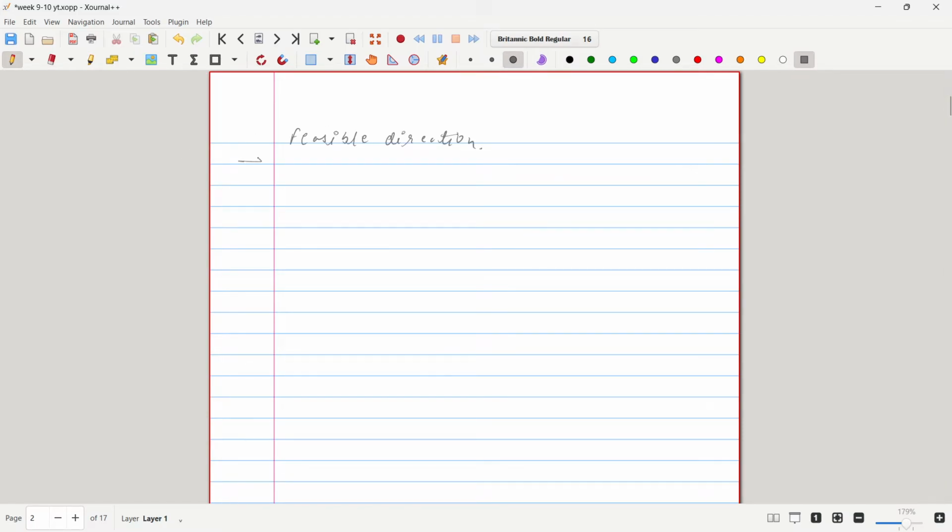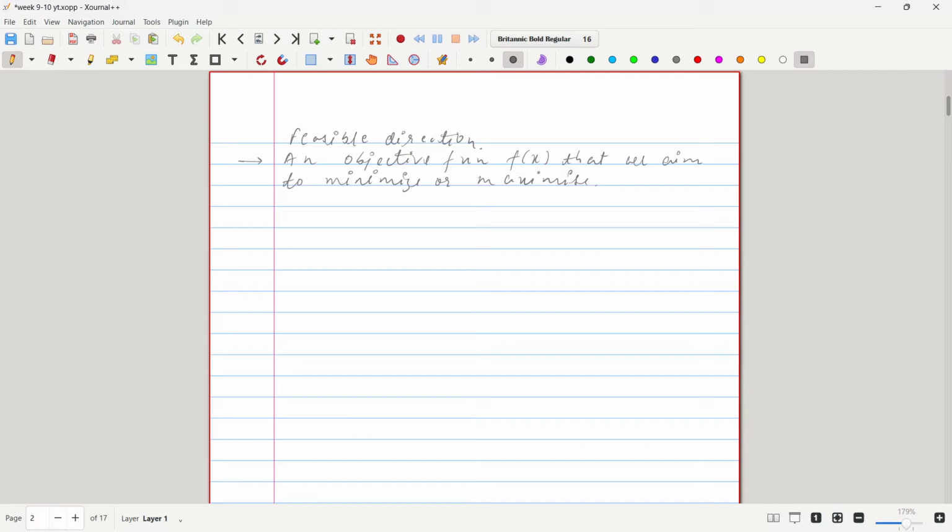Feasible direction you can explain as follows. Suppose we have an objective function f(x) that we aim to minimize or maximize.